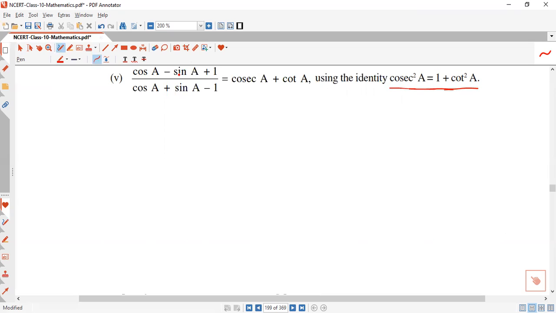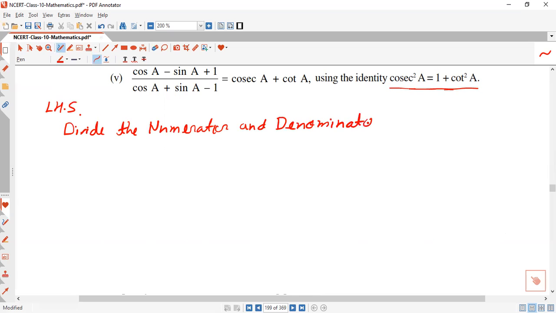Let's start with the left hand side and divide the numerator and denominator by sin A.